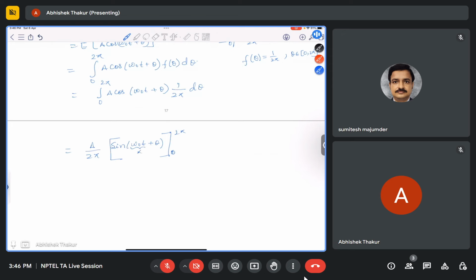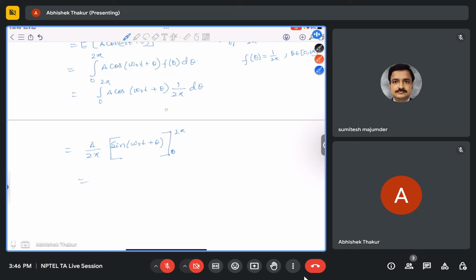So when you integrate cos(theta plus k) d theta, you will get sin(theta plus k). This k is independent of theta, so it will not affect the result, and no other constant term from the integration will come.